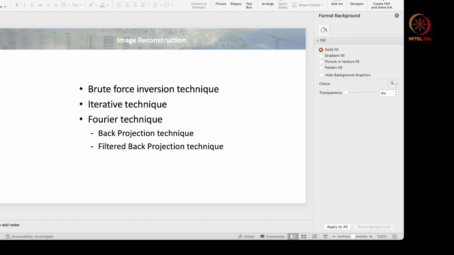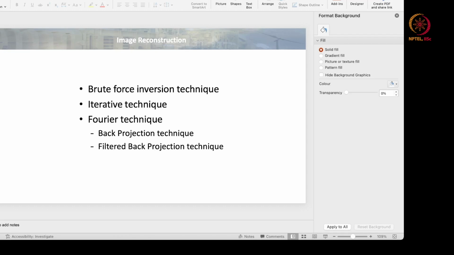This leads to how you can do that: through image reconstruction. There are plenty of ways to do that. You can do a brute force inversion technique, you can do iterative techniques, or you can do Fourier techniques, which can have a back projection technique or a filtered back projection technique. So there are a lot of ways in which you can actually do that.